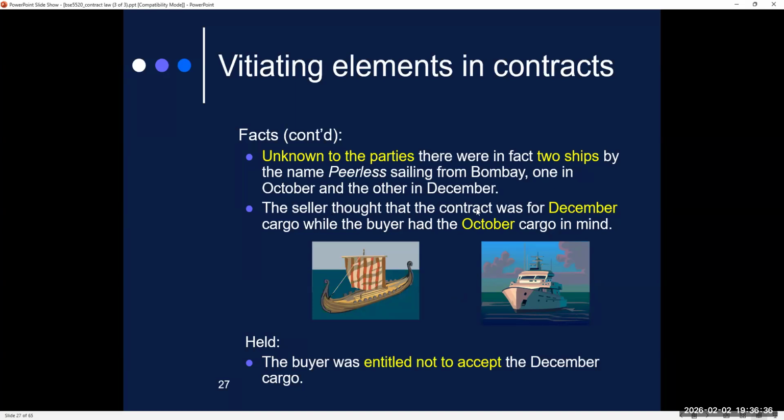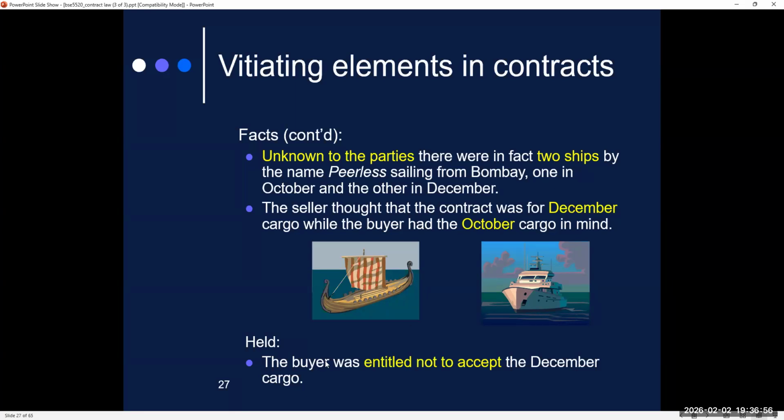Then the seller thought that the contract was for the December cargo, while the buyer had the October cargo in mind, because one ship was sailing in October, the other in December. They are carrying different cargoes.